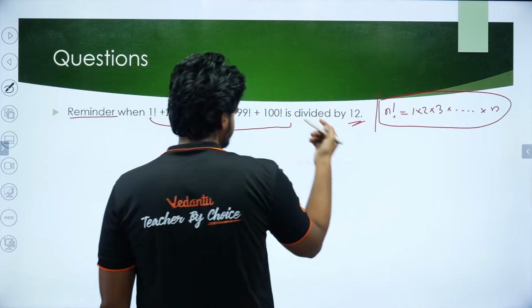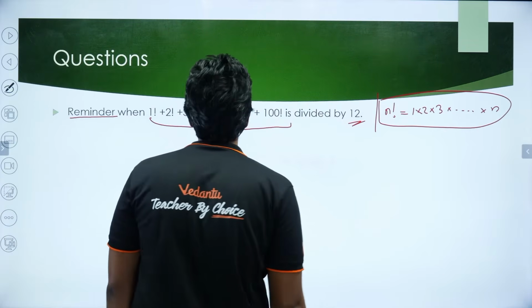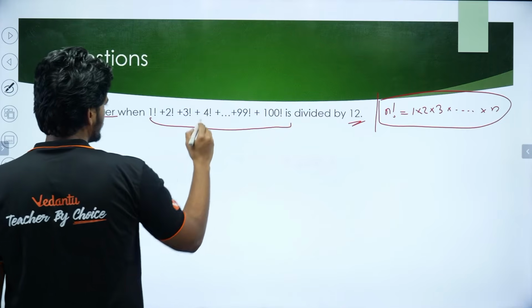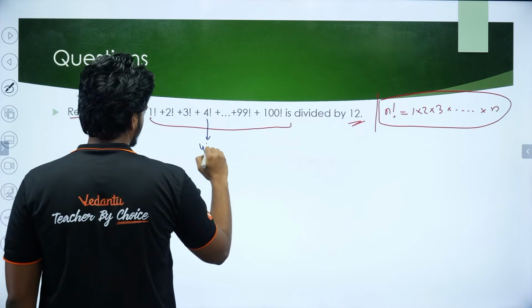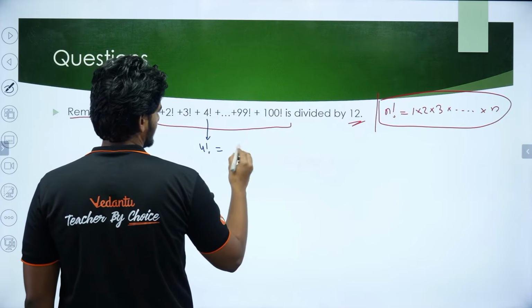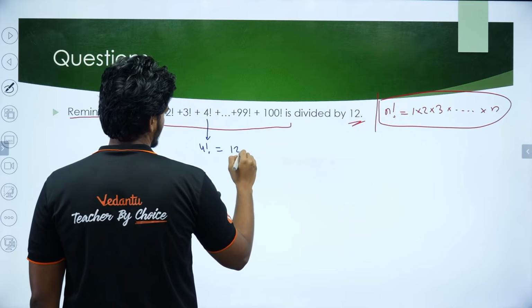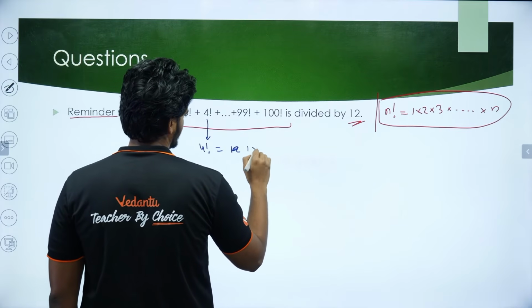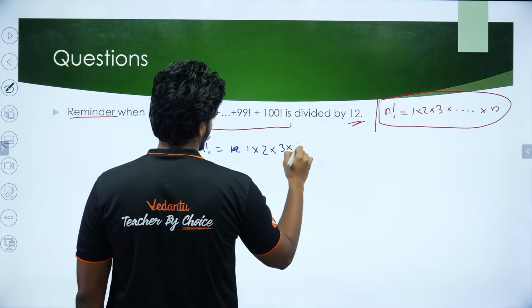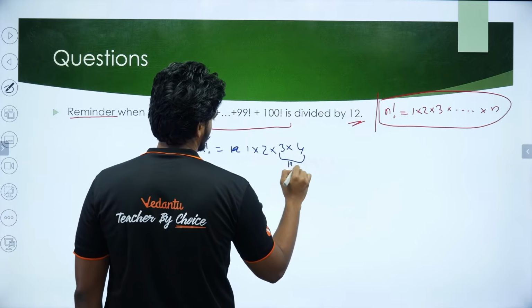So, now if you look at 4 factorial, it already has a 12 in it, isn't it? Already has 12 because 1 into 2 into 3 into 4, this is 12.